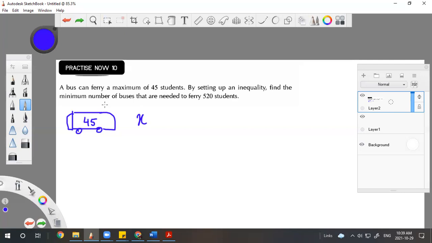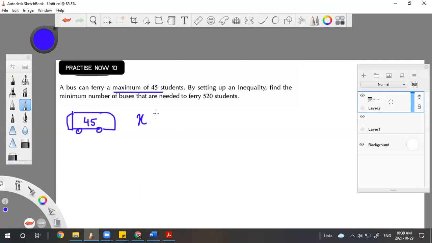Or the passenger also can. 45 is 45. Maximum means it cannot be more.